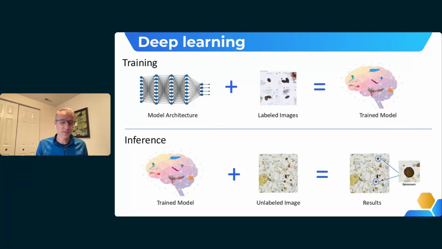And the idea with deep learning is we define a very flexible way for the computer to process the image. And then rather than trying to specify exactly how it should find and characterize the features of that image that matter, we simply show it lots of examples of the images that contain the objects of interest. And for each of those examples, we also check the answers that it gives.